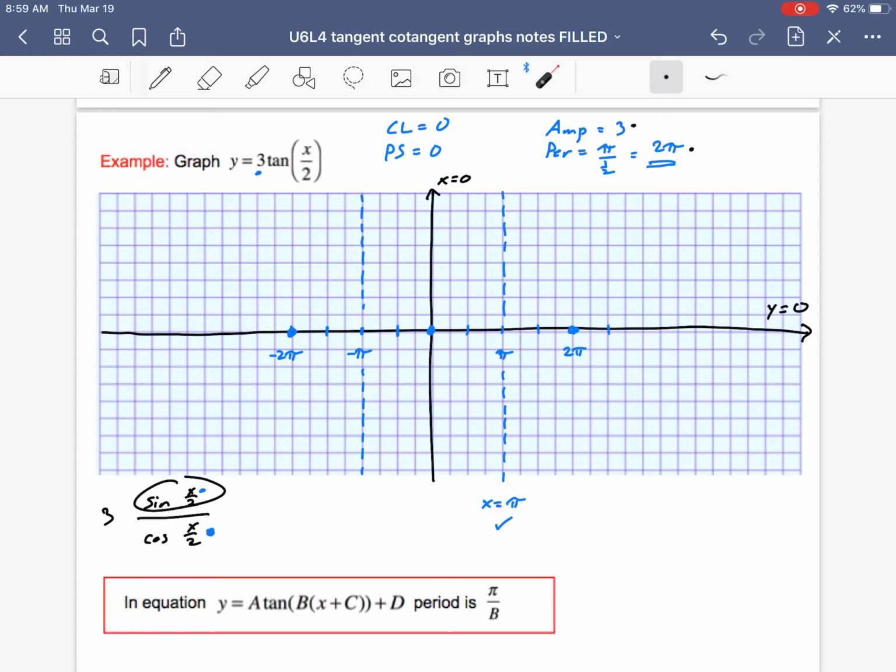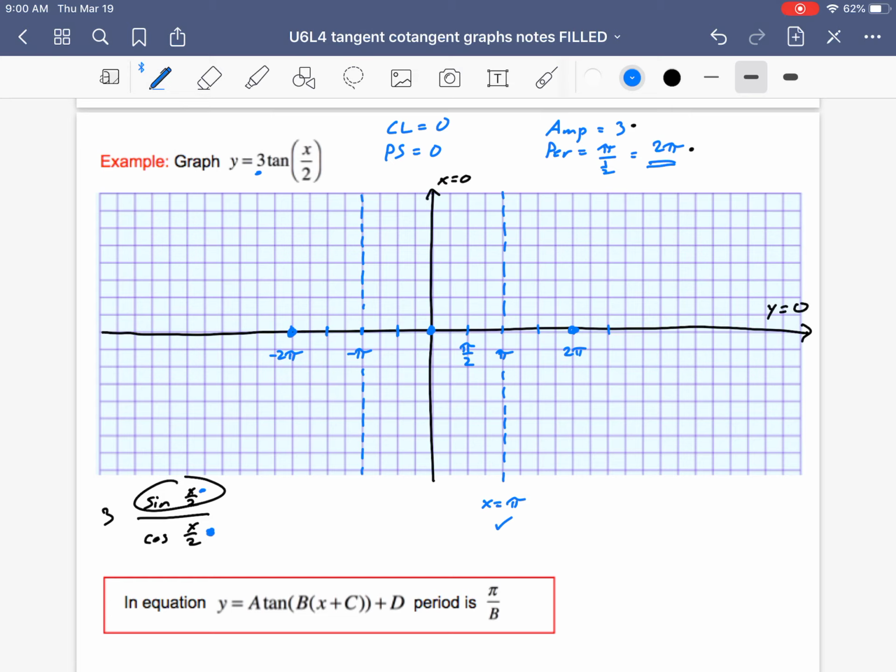We know the direction is going to be increasing because tangent is always increasing, and there's no negative here that would be some sort of reflection. But here's where this amplitude can come in. In between 0 and pi is pi over 2.